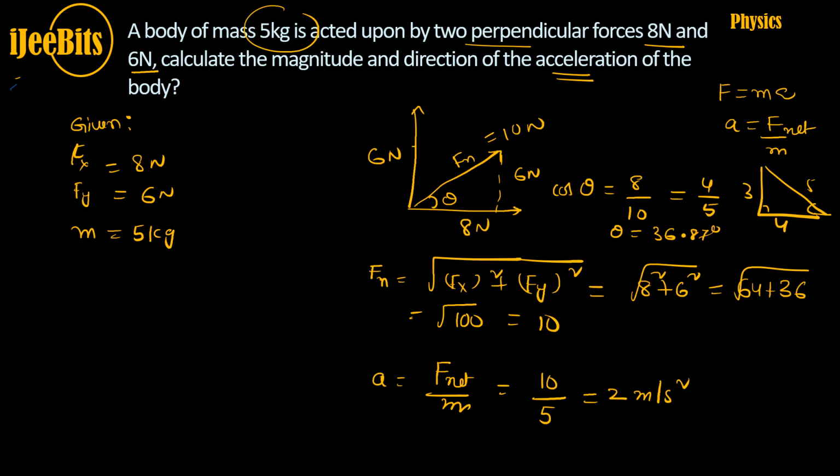Now, acceleration is in the direction of the force. The magnitude and direction of the acceleration is what they needed. We calculated the magnitude. If you know the direction of the force, obviously you know the direction of the acceleration too. So the answer would be: acceleration of the body is 2 meters per second square at an angle of approximately 37 degrees, the 3, 4, 5 triangle, with respect to the 8 newton force, because we are talking about 8 newtons.